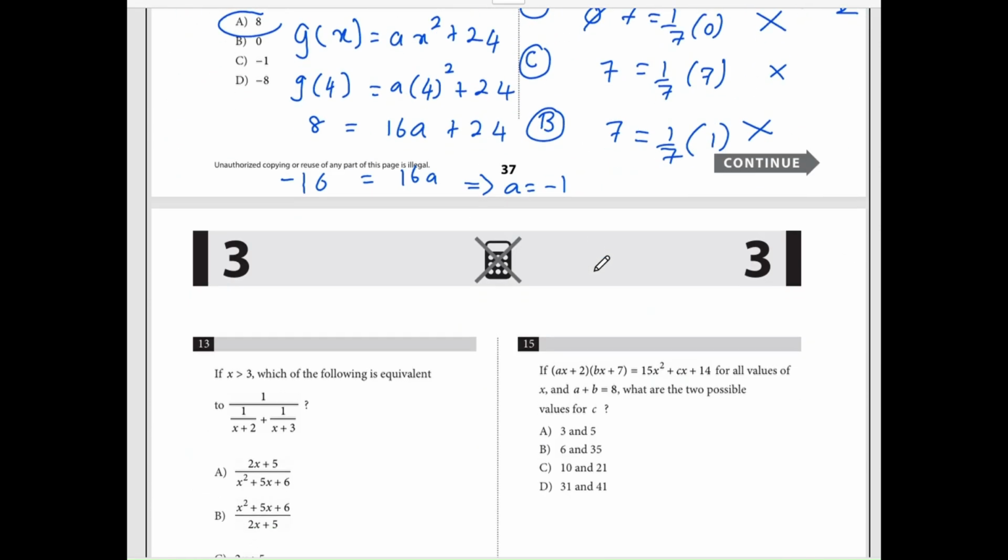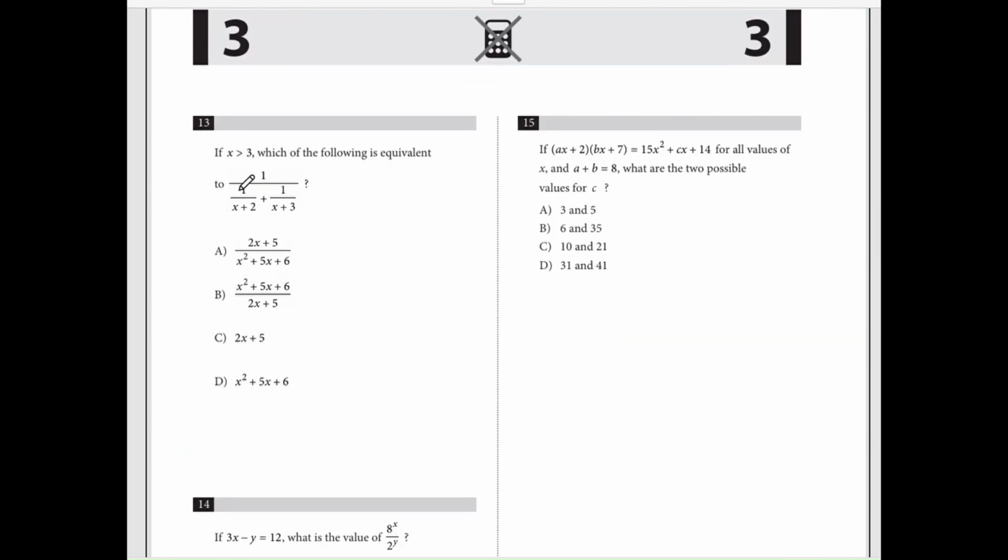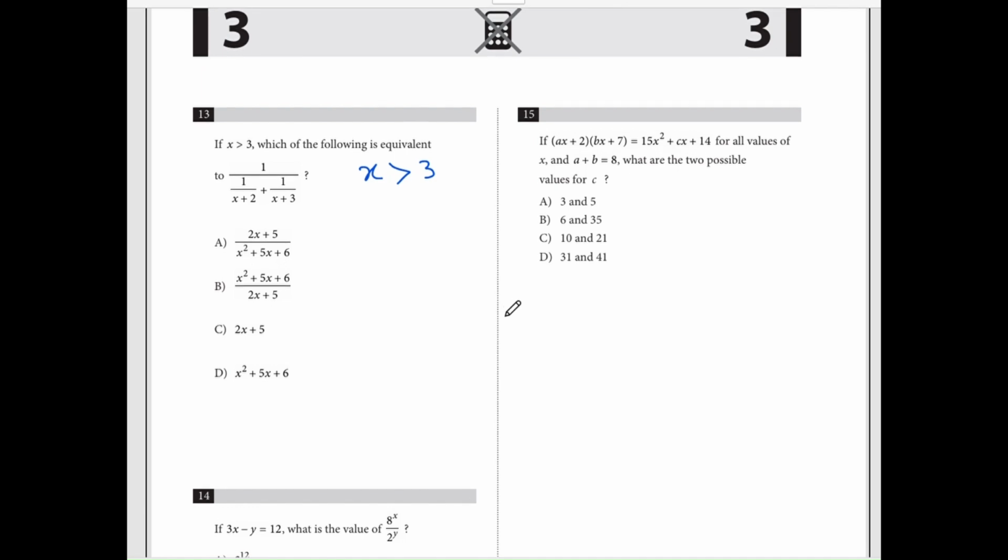Question number 13. If x is greater than 3, which of the following is equivalent to this?